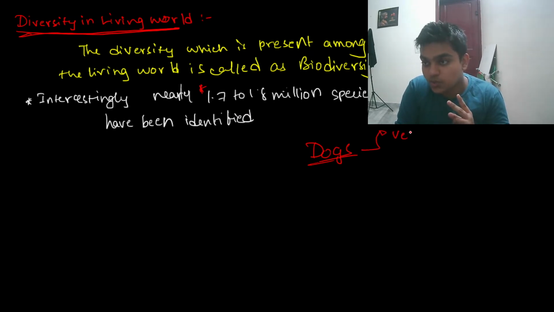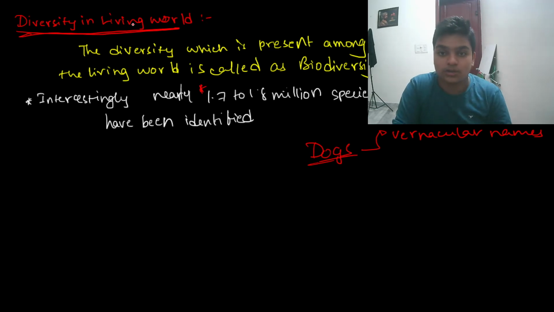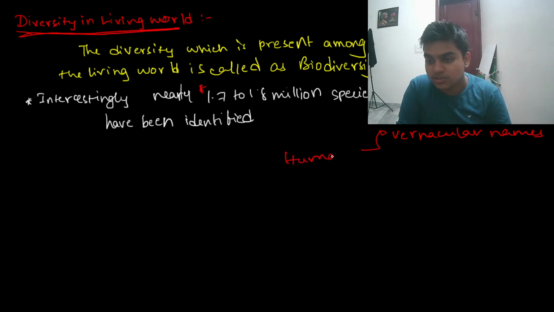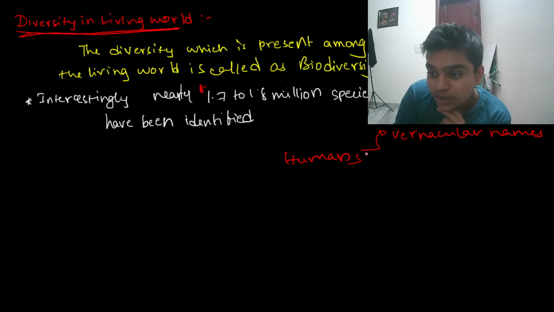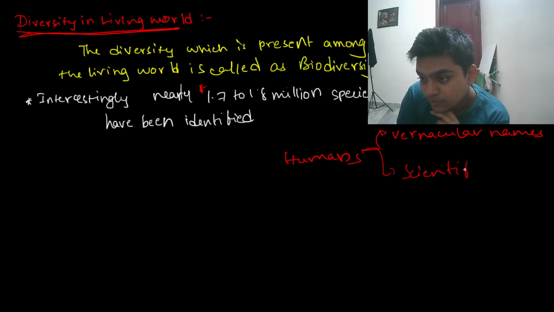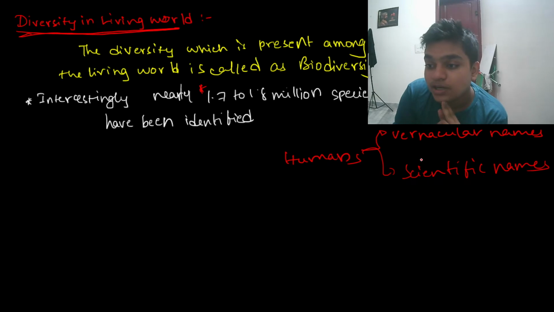One is called vernacular names. Not only for dogs, let us take humans. Humans are the best examples here. No need to write. Vernacular names and the scientific name.